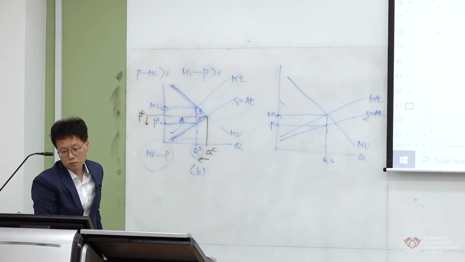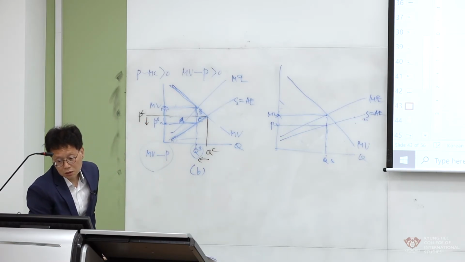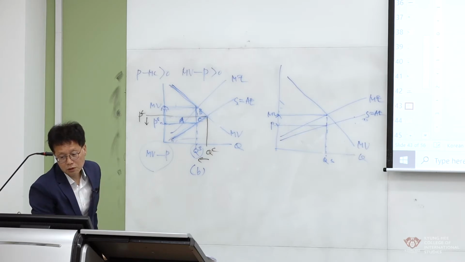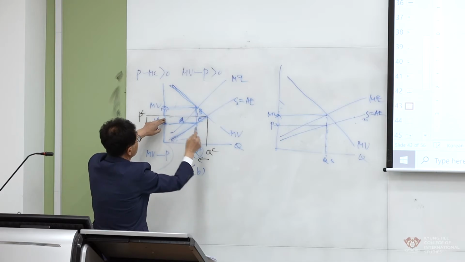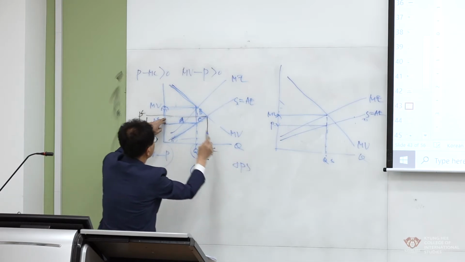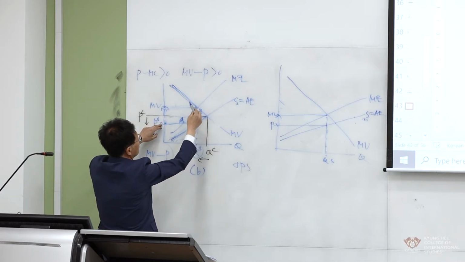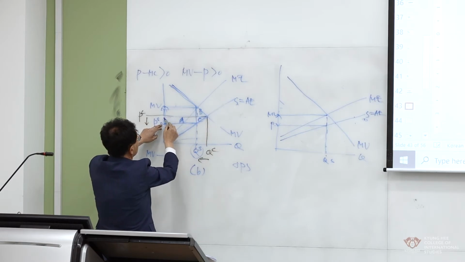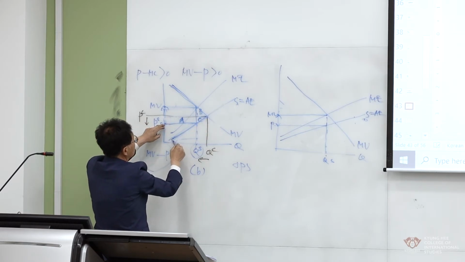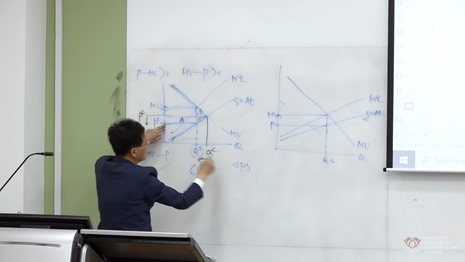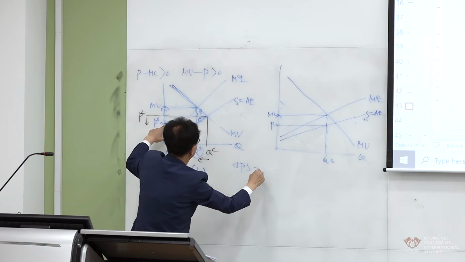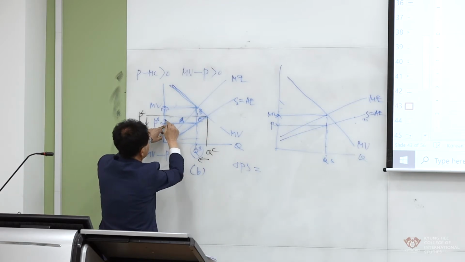So consumer surplus, that is producer surplus. Producer surplus, change in producer surplus. So originally, producer surplus is this one, but in the monopsonic case, this one. Price is here, so this one, right? So producer surplus decreased from this one to this one.